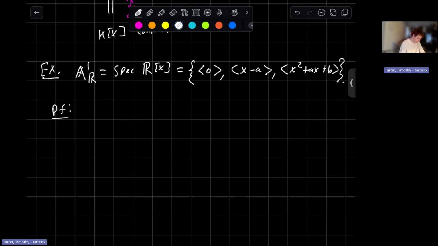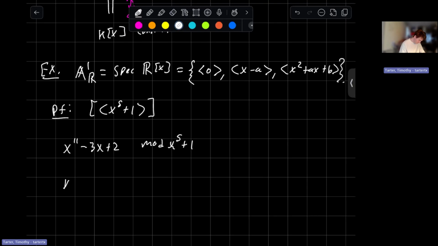Like, consider x to the fifth plus 1. And let's evaluate x to the 11th minus 3x plus 2 mod x to the 5th plus 1.